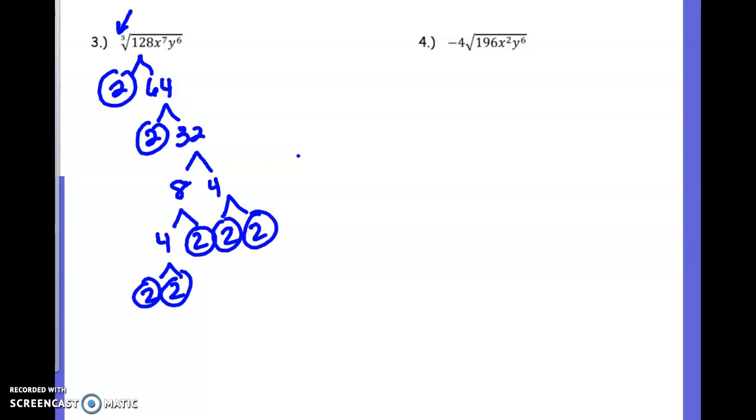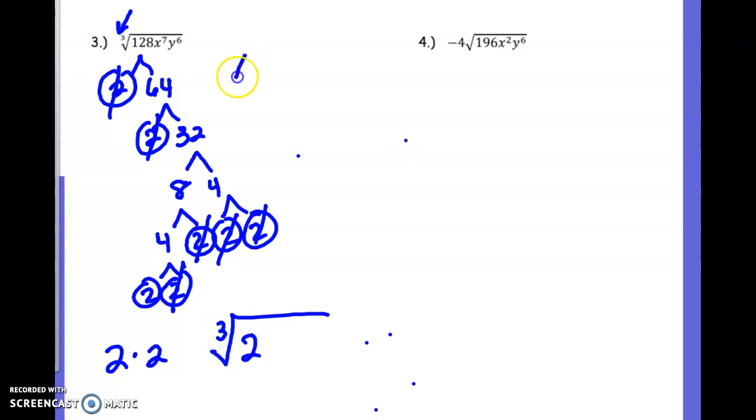So we're looking for all our triples, and we've got triple 2's. Okay, now I've got another set of triple 2's. All right, and then left over, I've got 1 2 that I haven't crossed out, so that goes on the inside. Okay, and I'm not going to forget my cube root.